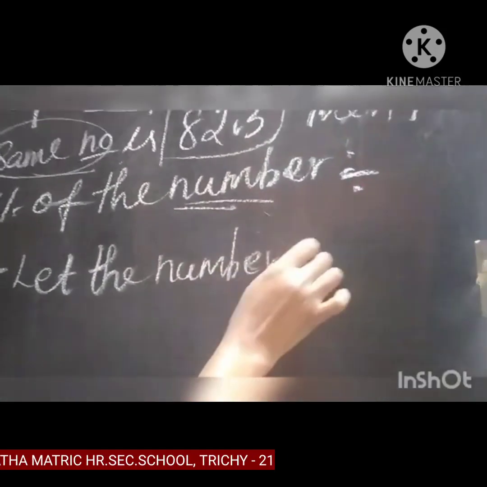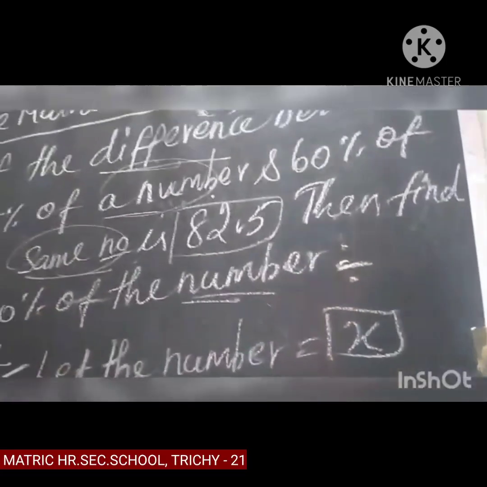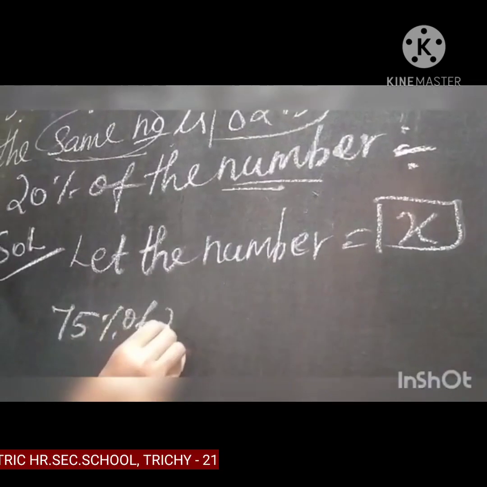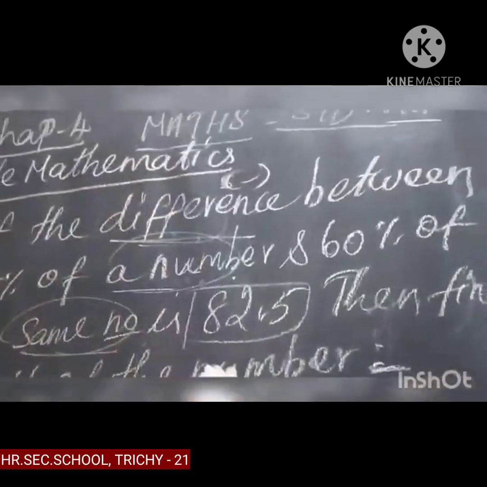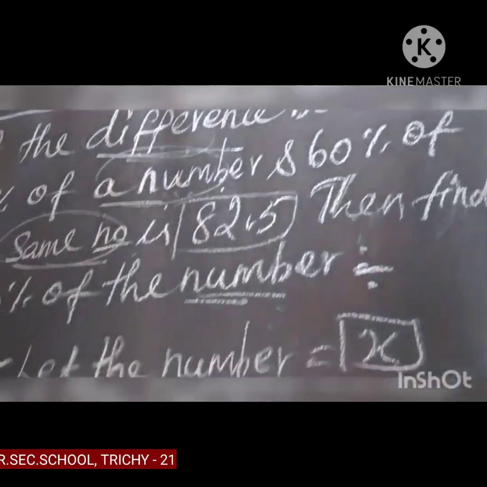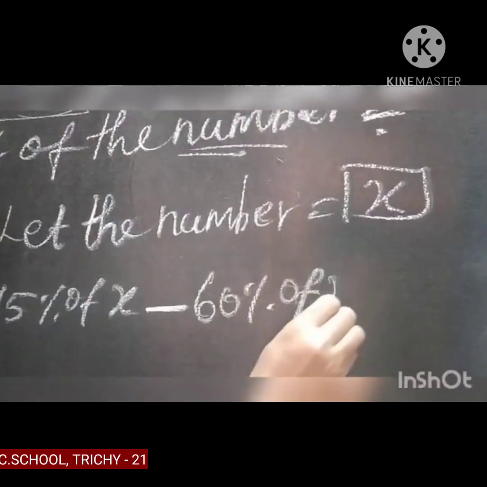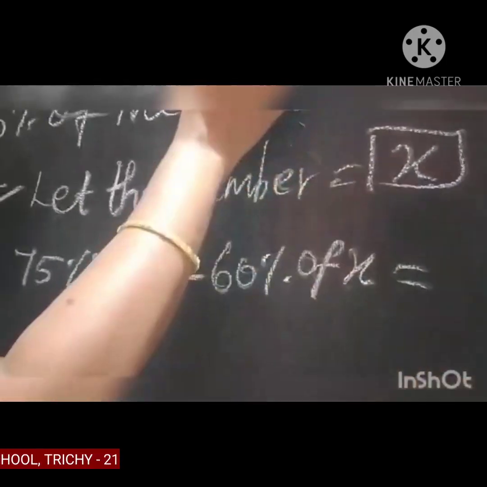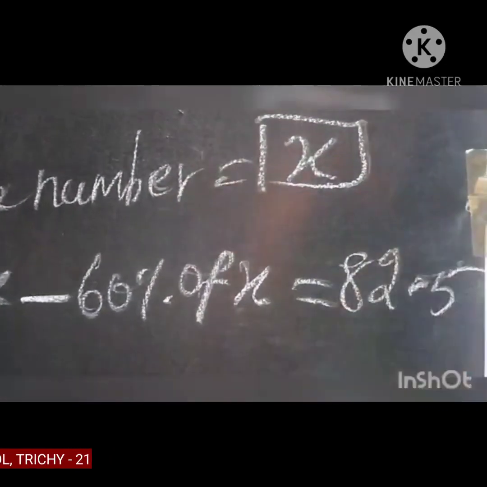So that is 75 percentage of x, subtraction, 60 percentage of x, the same number, equal to the value given here, 82.5.